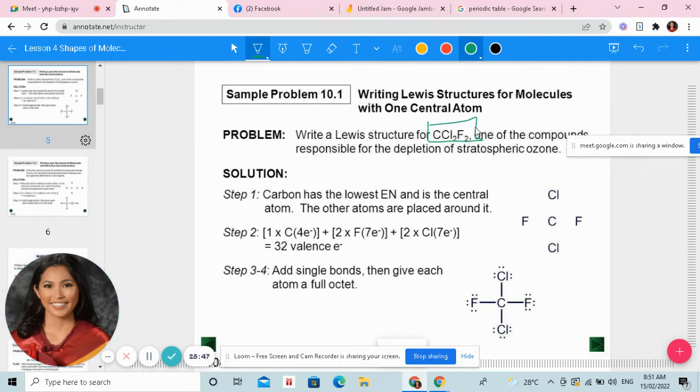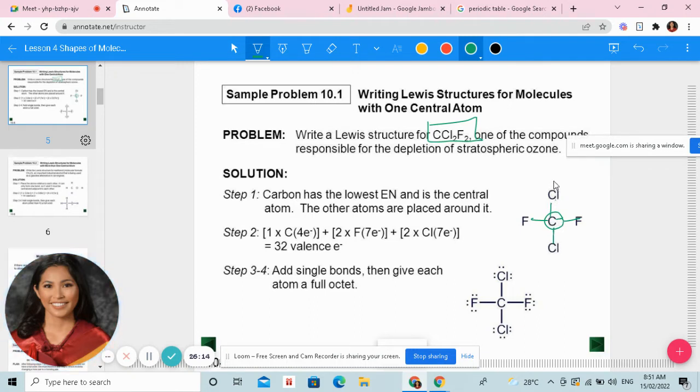The central atom will be carbon, and then we will just distribute the four atoms. We have Cl here or Cl here or F here and then F here. So we can do that. Then forming a bond, a bond, a bond, and a bond.